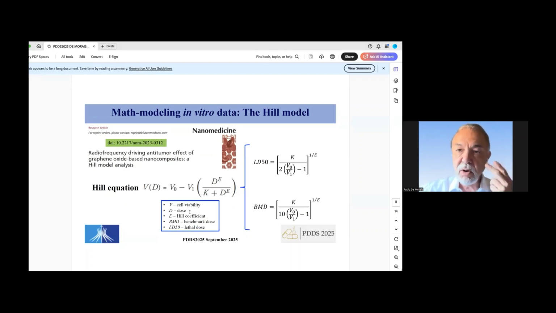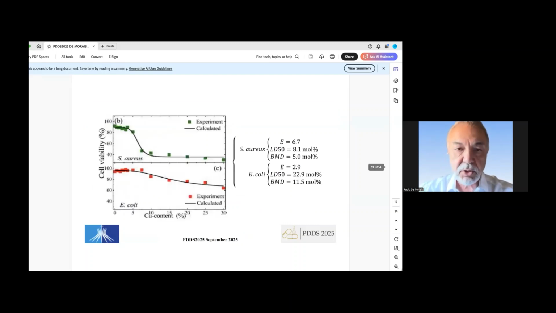We can extract all this data just performing the analysis of the experimental cell viability using the Hill model, and of course a mathematical computational approach to extract and fit the data, which is the least square fitting. So here are the data.